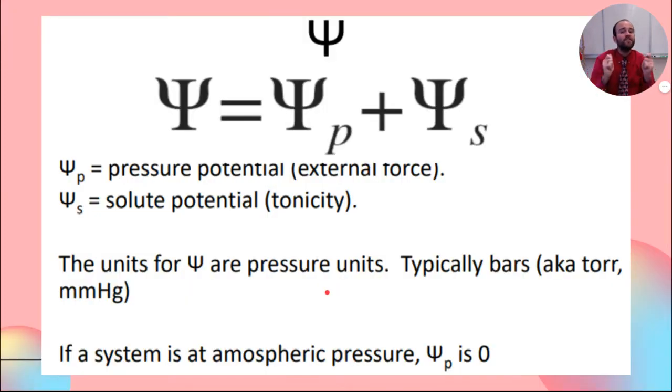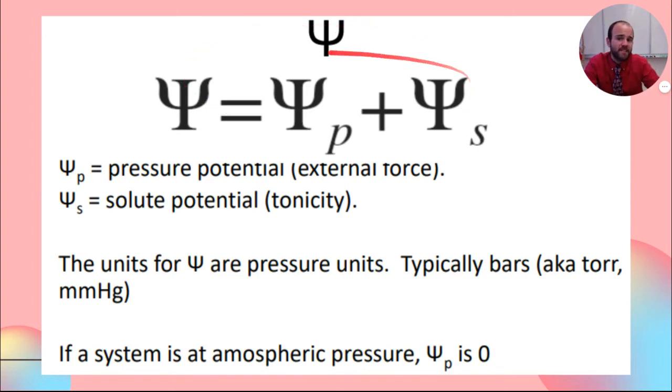So what's going to affect water potential? Well, two things. Pressure potential, is there any active pressure or force on it? And solute potential, how much solute is dissolved, causing water to move one way or the other. Remember, water moves towards a higher concentration of solute because that's a lower concentration of water or solvent.